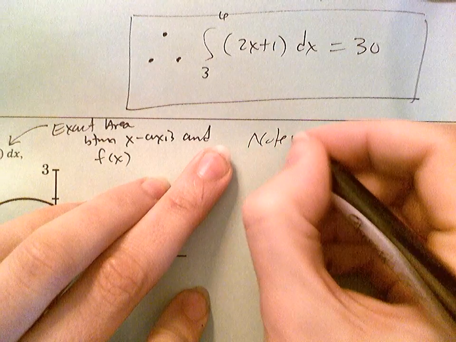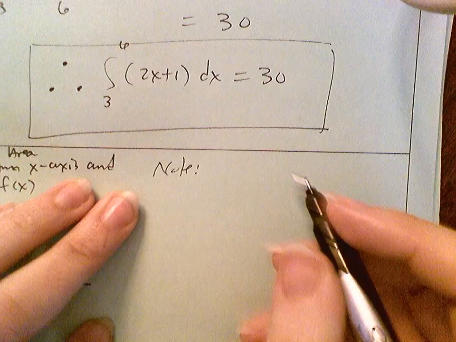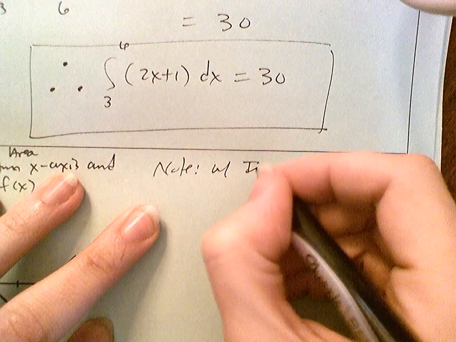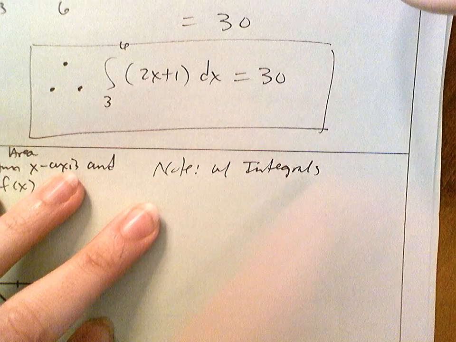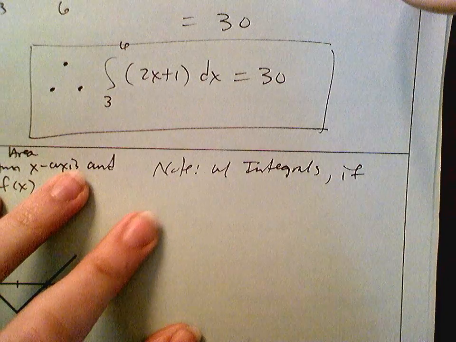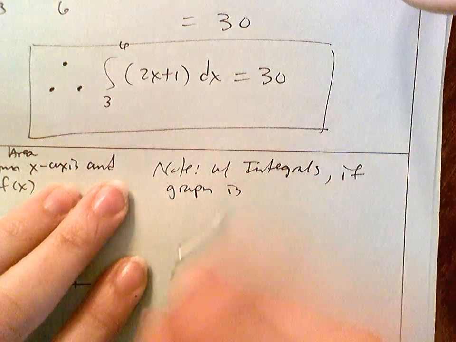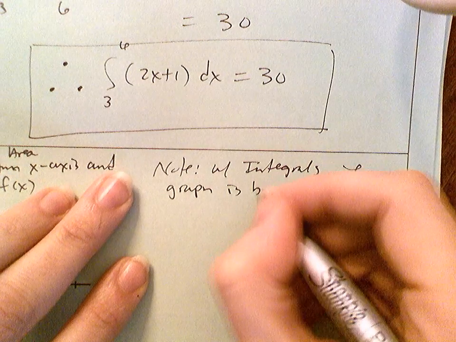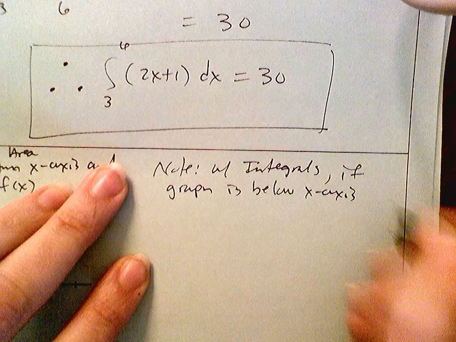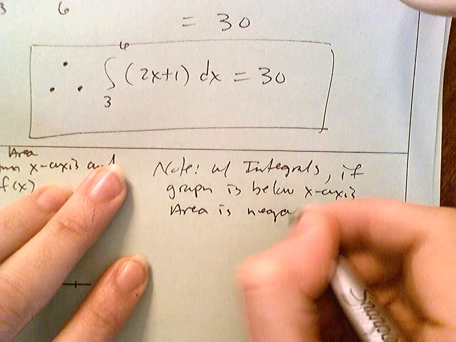So let's say this. Let's say note. All right, I wrote this yesterday, so I'm looking at my notes. With integrals, okay, so write this down for yourself. With integrals, if the graph is below the x-axis, the area is negative.